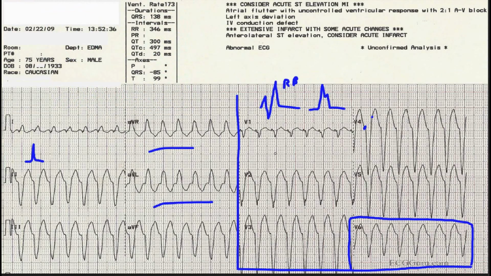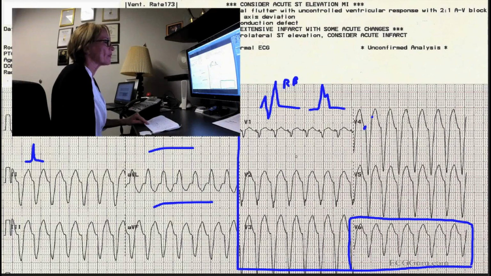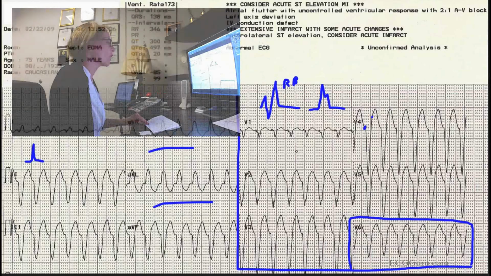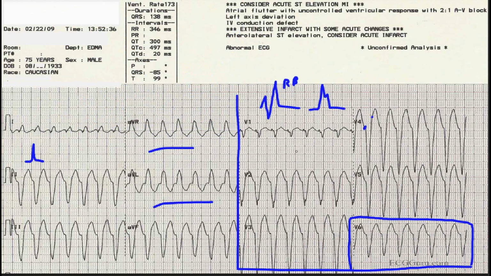Another real easy to use clue is from Dr. Brugada, and it's called the Brugada criterion number 1. Dr. Brugada said that if there is no QRS in the chest leads from V1 to V6 with an RS pattern, and an RS pattern I'll draw here is R goes up and S goes down, if there is no QRS with an RS pattern, you don't need to go any further, you have a VTach.